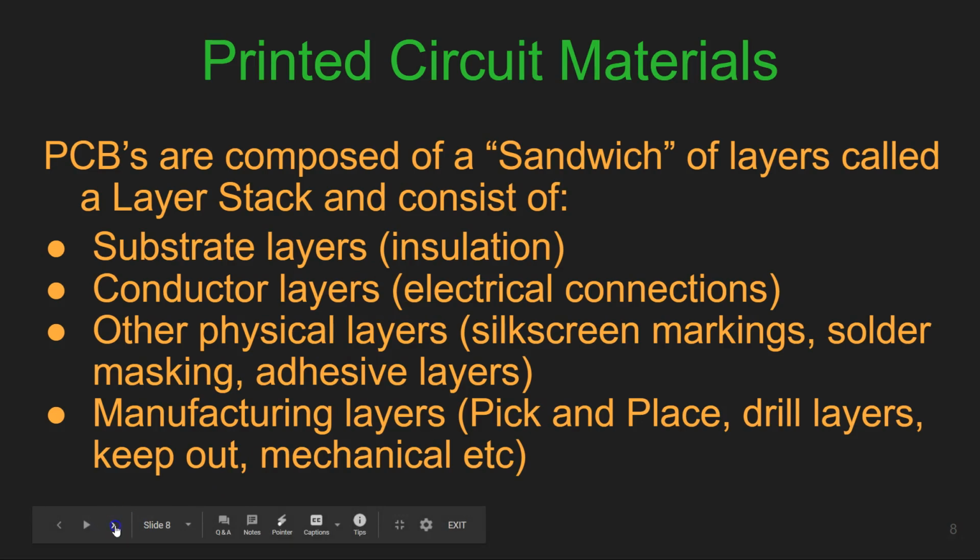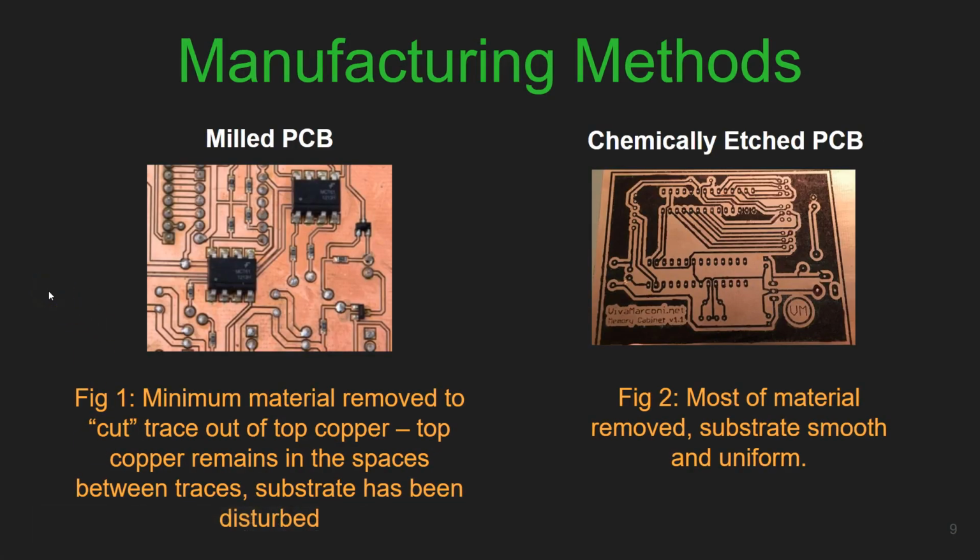Now, going to the next slide, we have the manufacturing methods. Here on the slide you can see two pictures. The first shows the PCB from a milled method, and the second from a chemically etched method. So these are mainly the two methods used to make the PCB. These are called manufacturing methods.